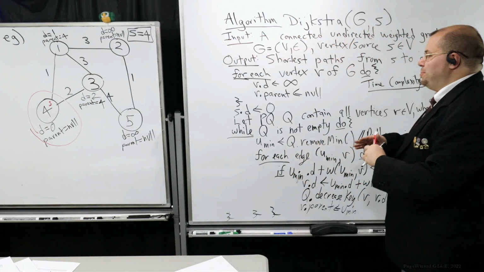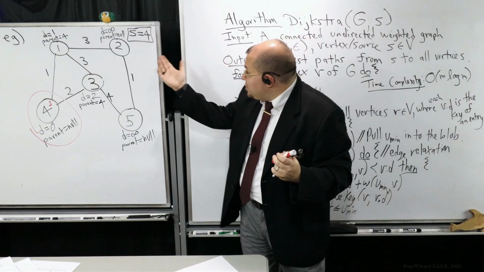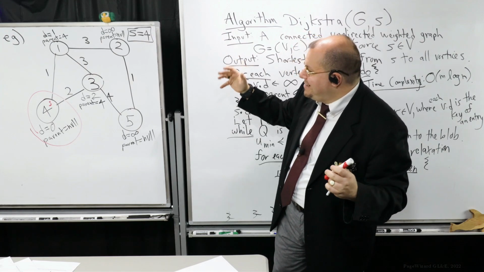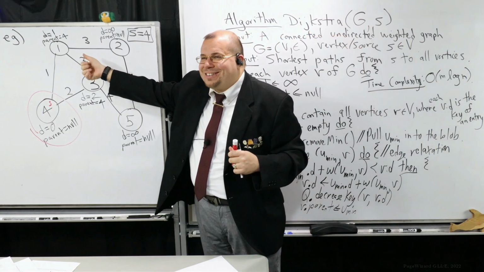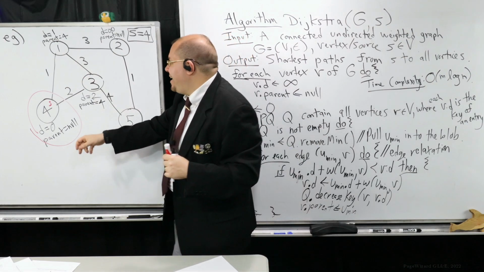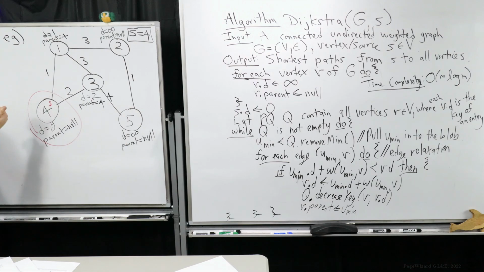Now next, the blob is going to find the next closest vertex to the blob's mouth. Remember, it's really lazy. It's going to drag that vertex, the one with the smallest d value, to its mouth and devour it. I'm just going to sit here, and you're going to bring me the one that's closest to my mouth.